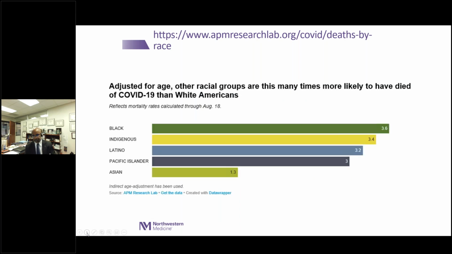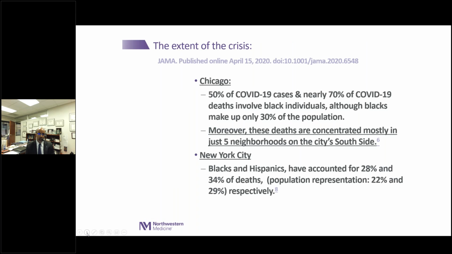If we now look at this in a depiction that gives us a graphical representation, you can see how much more likely Blacks, Indigenous, and Latinos are to die due to this condition. And if we continue to go forward, we begin to understand at a local level just how pernicious this problem has been.